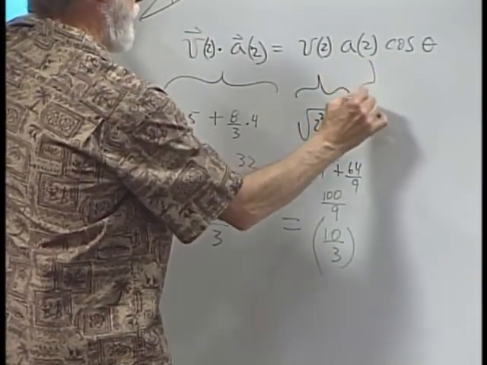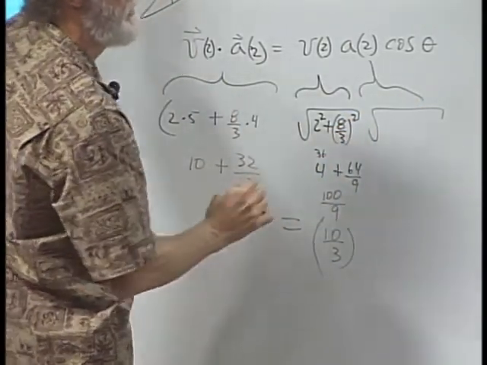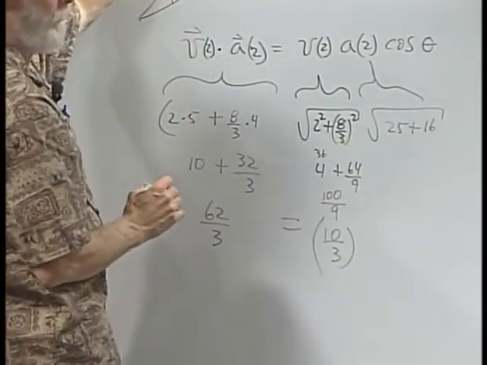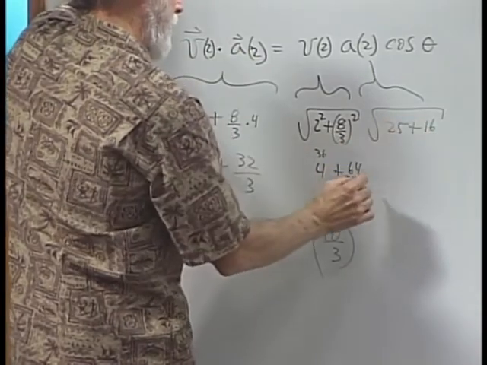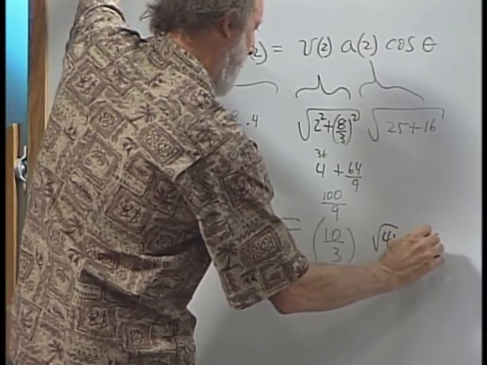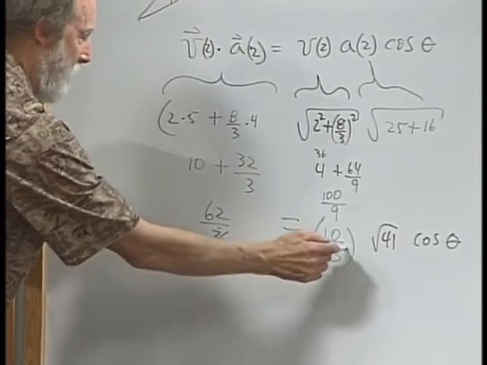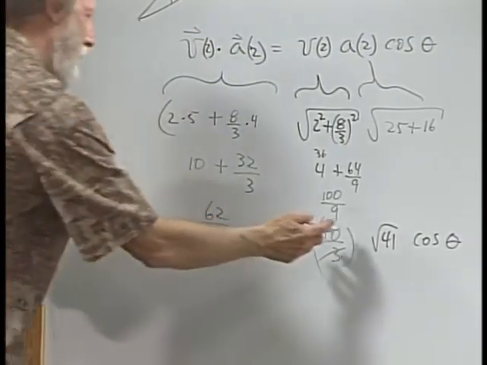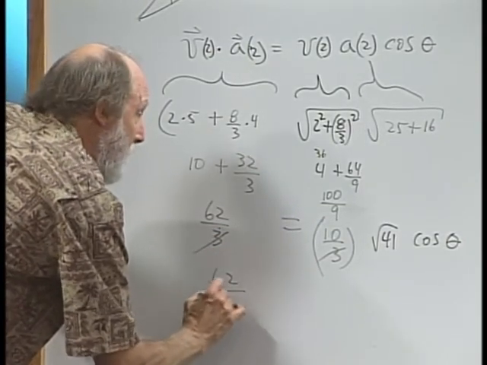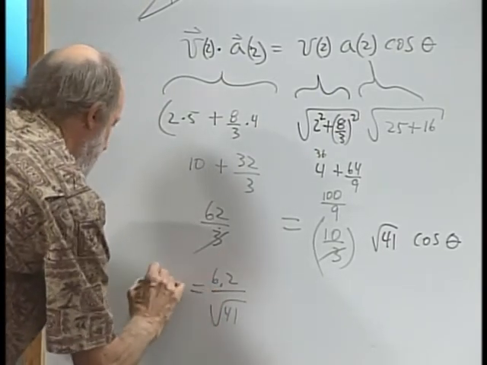And the acceleration term, its magnitude, is the square root of 25 plus 16, 5 squared plus 4 squared, which is 41. Radical 41 times the cosine of the angle between the two. So if we multiply both sides of the equation by 3, we get rid of that. We end up kicking this over to the other side, and so it looks like we get 6.2 divided by radical 41 is equal to the cosine of theta.